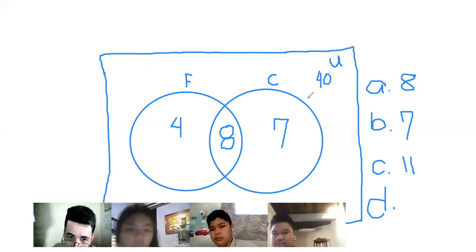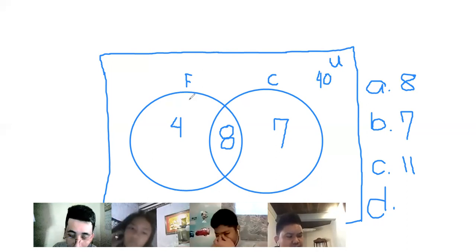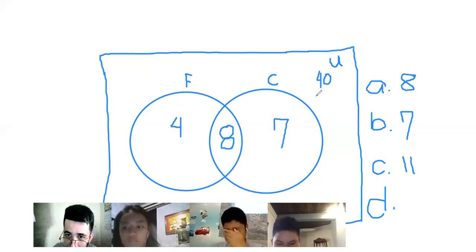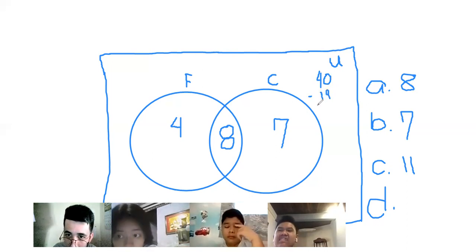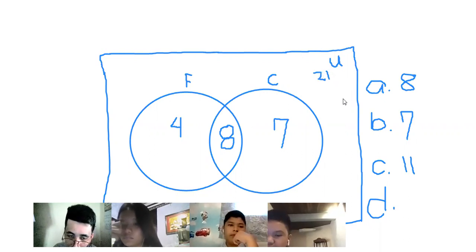Kung ibabawas natin sa 40 students yung 19 students taking Chinese and French, we get 21 students. So in the universal set, we have 21 students. Diba sa universal, sila yung mga elements na wala sa set F or sa set C. Okay? And that is the universal set natin.